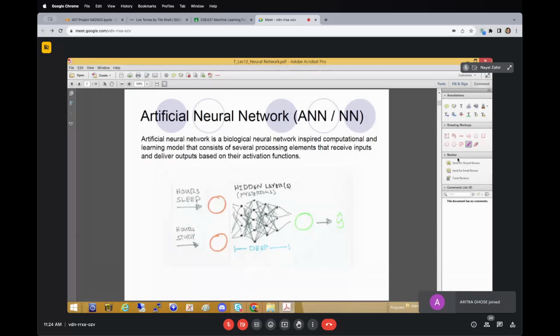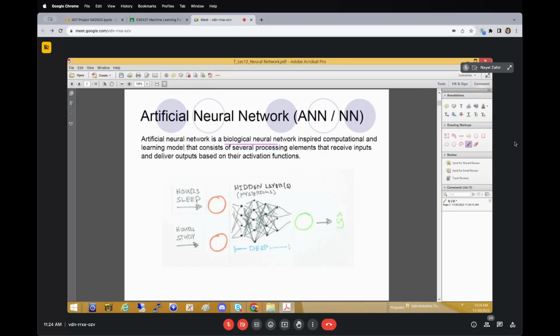So here is the biological neural network. In our brain, we have several units, specifically called neurons. Neurons are connected to one another, and they communicate and share their work, and therefore in our brain we have the biological neural network, that is, a biological network of neurons.